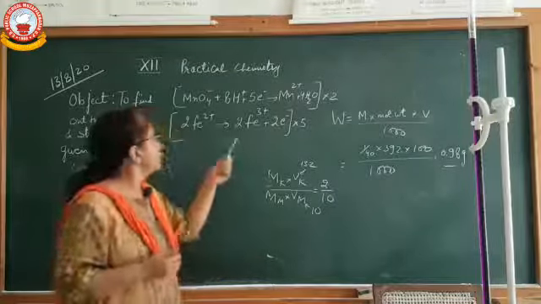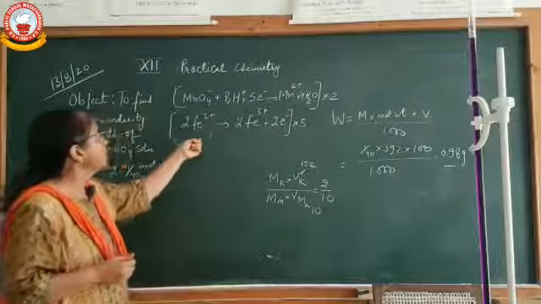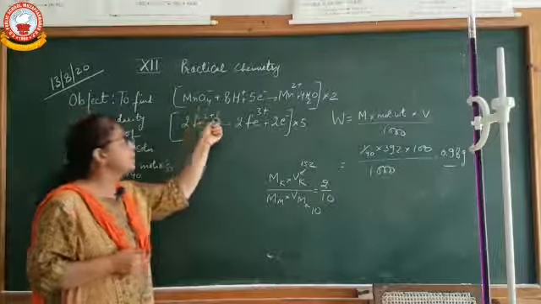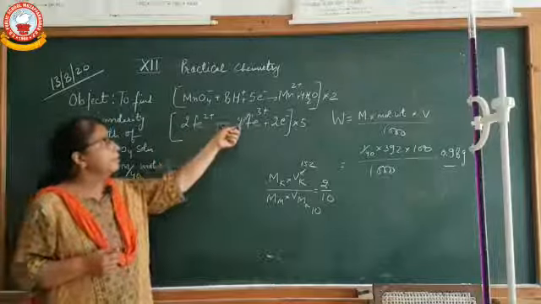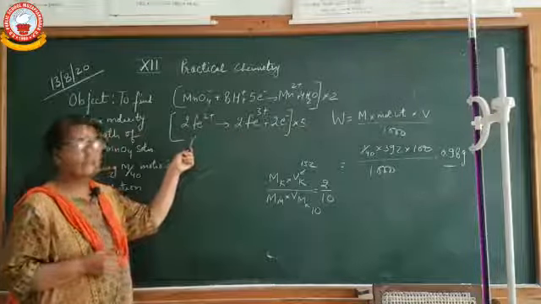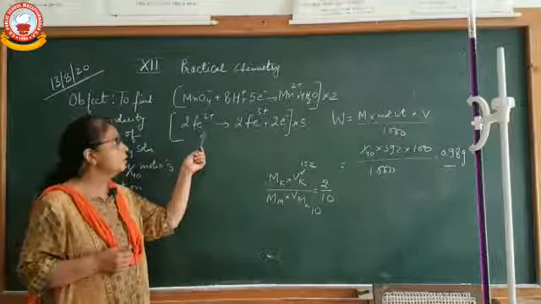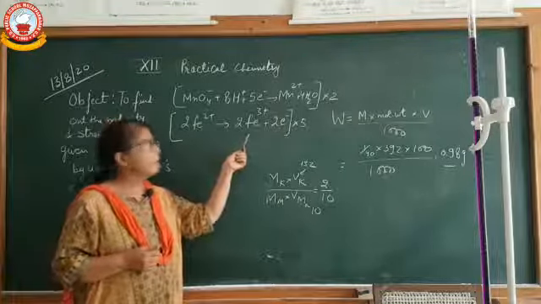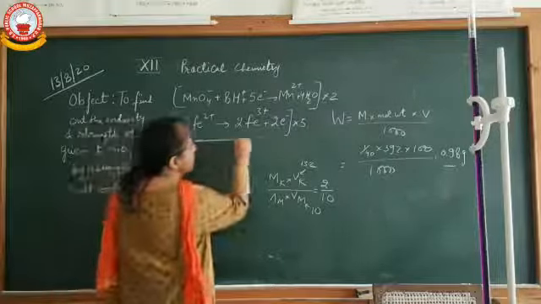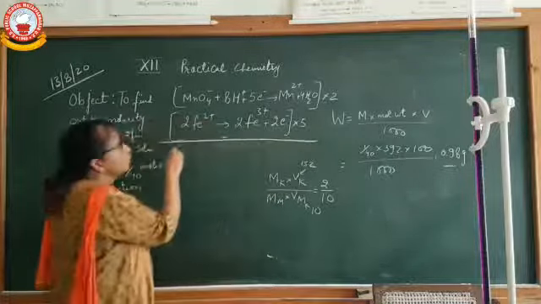So this will be the equation involved. You can see this is the ion present in potassium permanganate. In acidic medium it changes into Mn2+, and these are ferrous ions. From Mohr salt it changes into ferric ions, and if you add both the equations you will get the net equation involved.